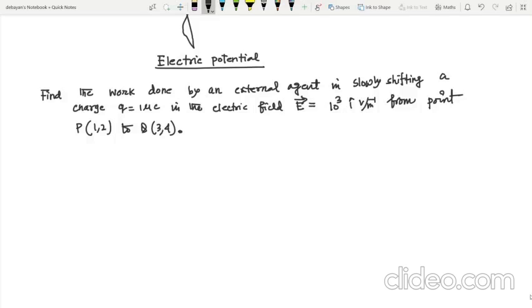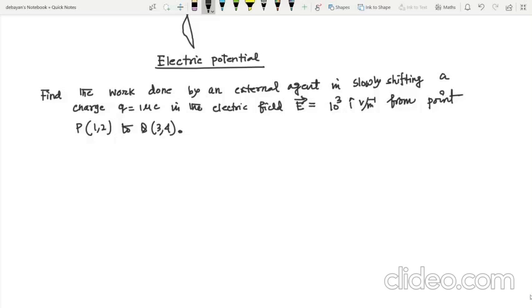So what do we know, if you want to find the work done, that is nothing but, you have to find the work done. So work done is nothing but minus q the integral along path 1 to 2 of E dot dl, that we know.